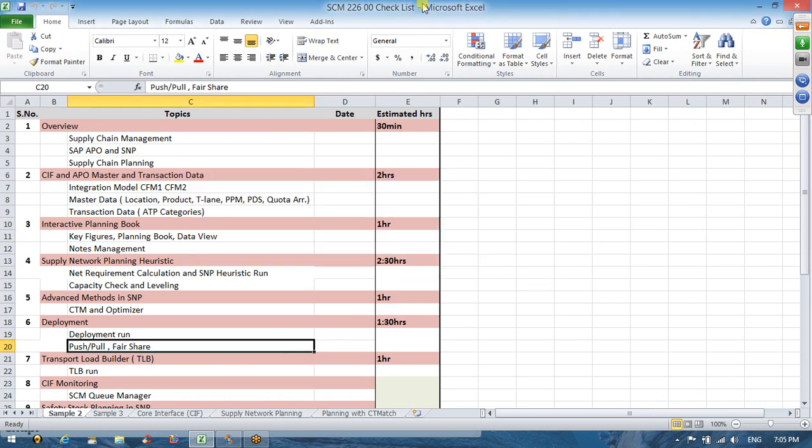Okay. Well, so I was checking the calendar. We're ready to start with push and pull fair share. Yes. And I wonder if we already saw CTM and optimizer. Well, optimizer, no. Not optimizer. We'll discuss that later. Right.